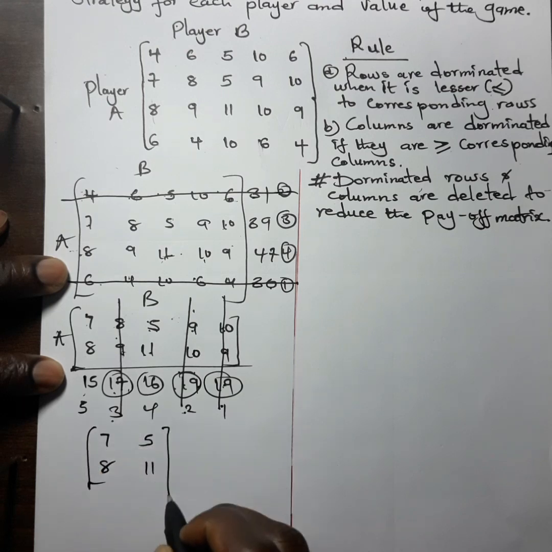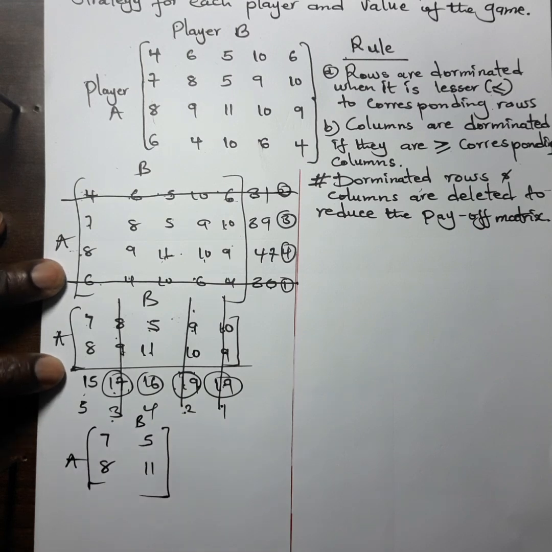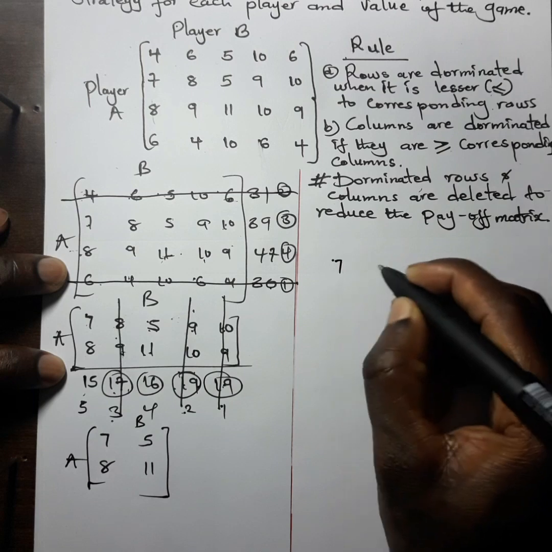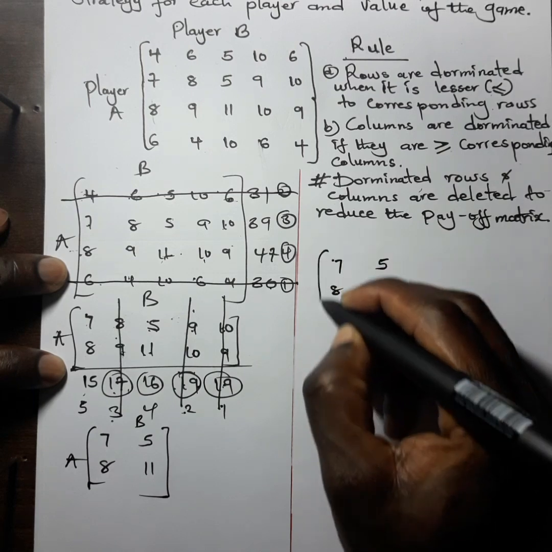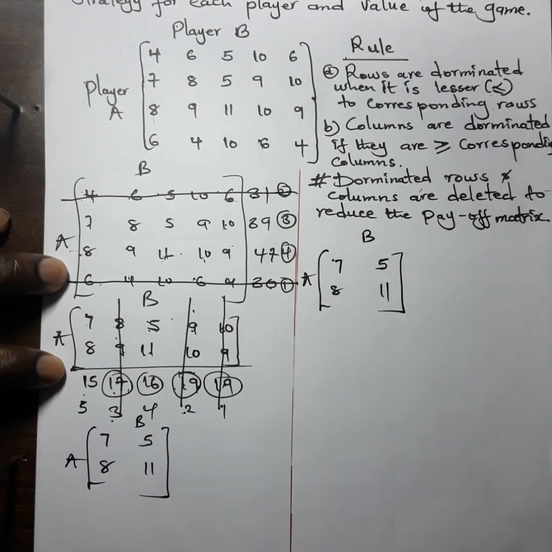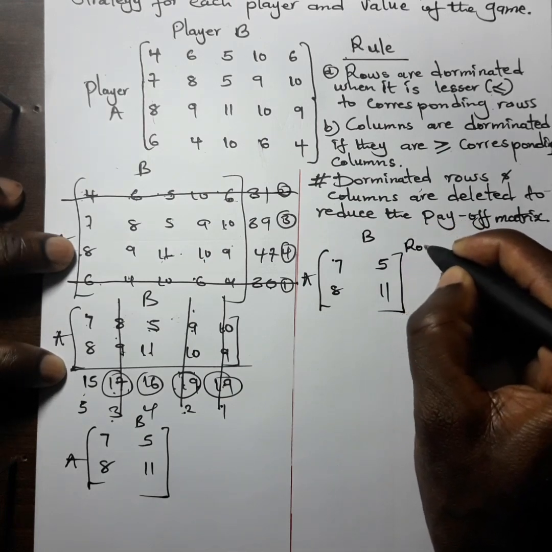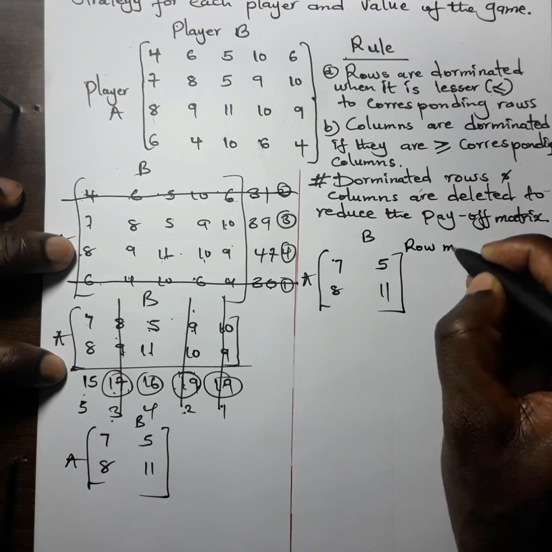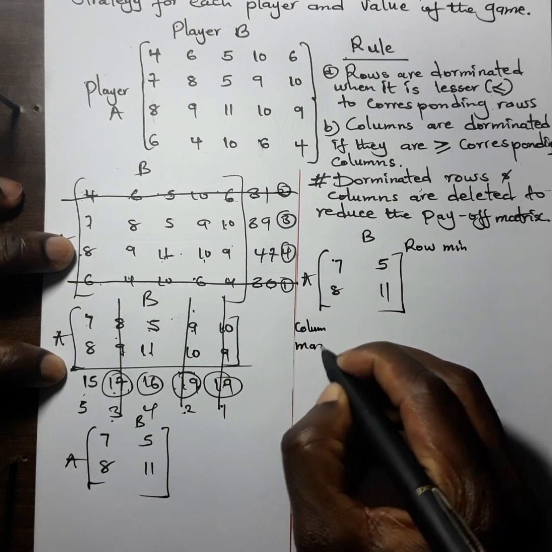Now, when we have this particular problem, it becomes very easy to handle. Now we are going to test for the saddle point, 8, 11. We have players A and B. When you are testing for the saddle point, we normally look for the row minimum and the column maximum.